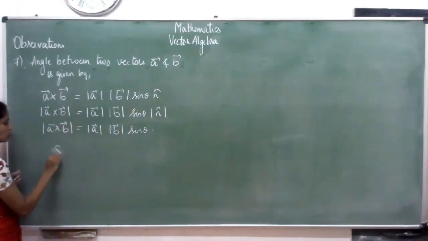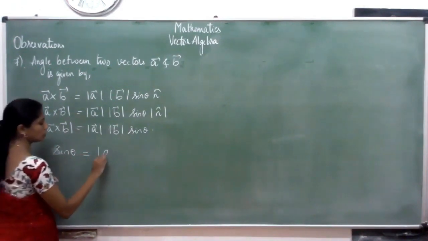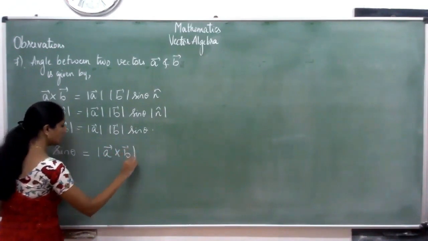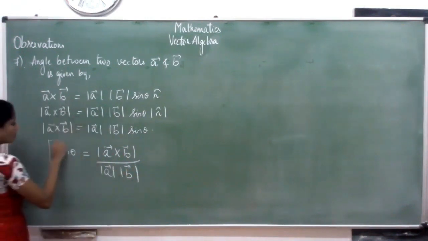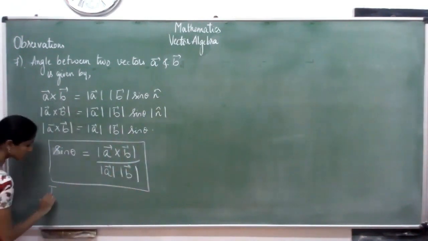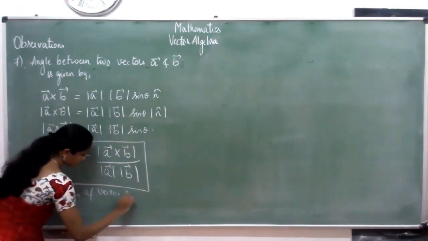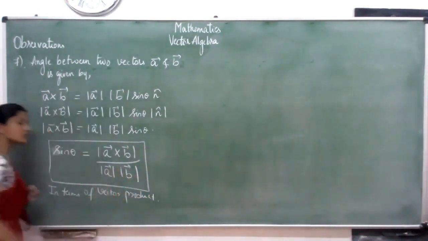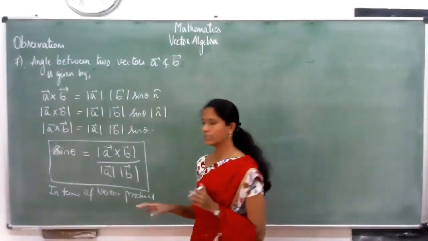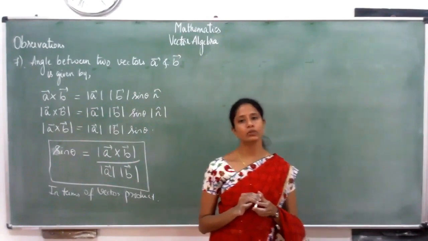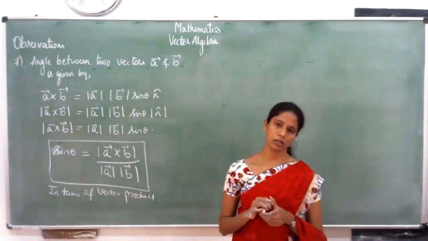The angle between them is given by sine theta equal to magnitude of vector A cross B divided by magnitude of A into magnitude of B. This is in terms of vector product.